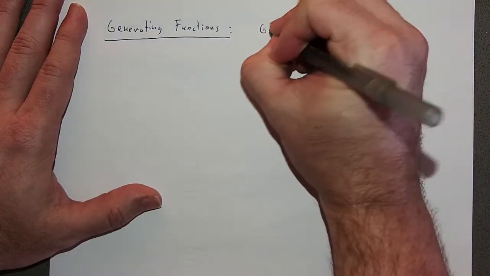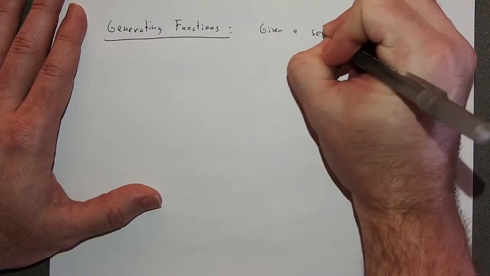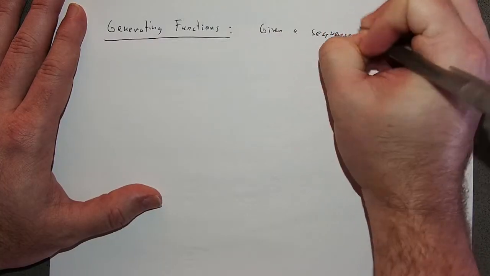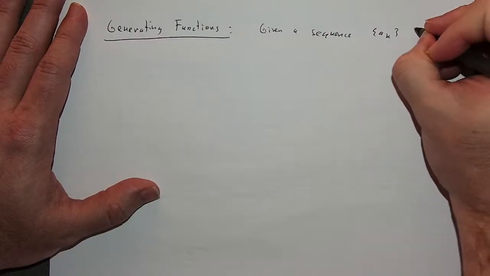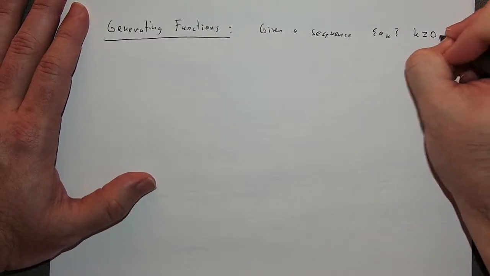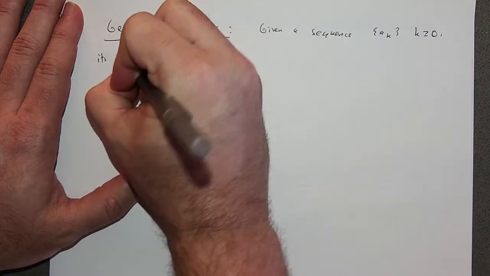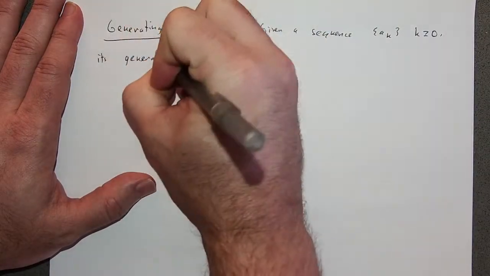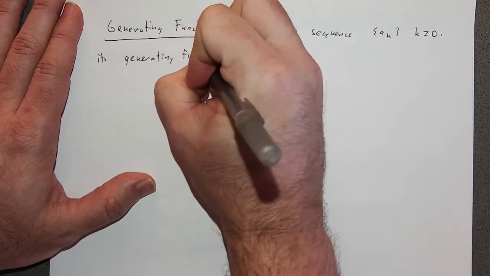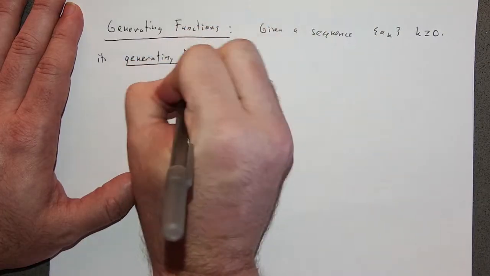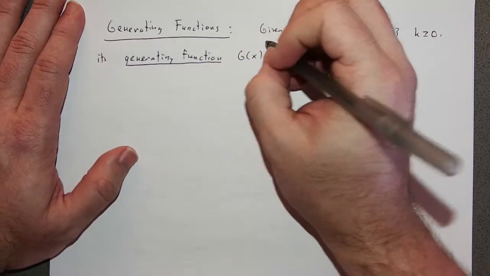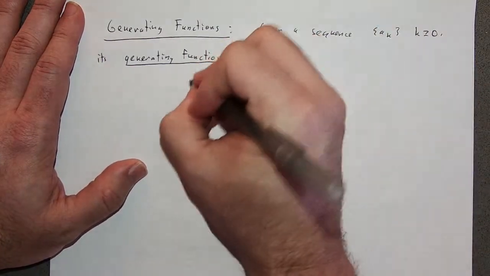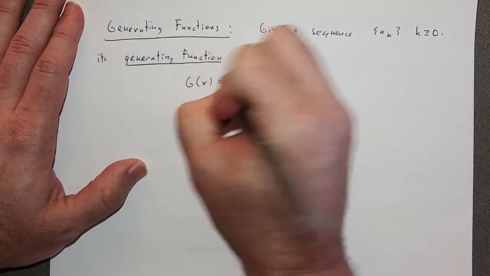So what is a generating function? Given a sequence, we'll call it a sub k with k greater than or equal to 0, its generating function g of x is defined by the following.